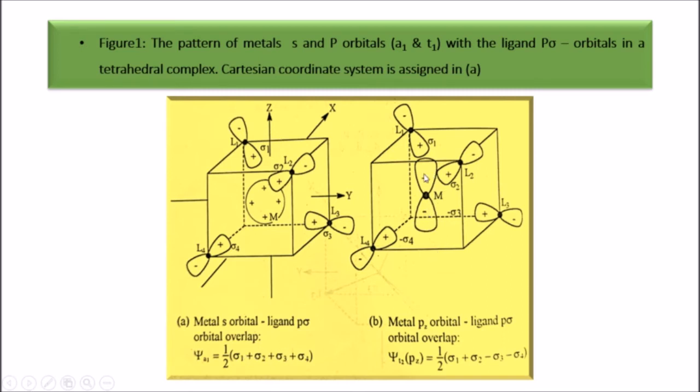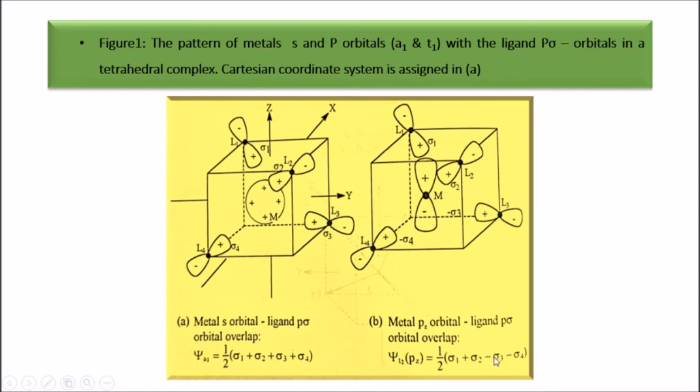While with the pz orbital, you can see that is the z axis, so this is the z orientation. There we can see plus plus, that means ligand 1 and ligand 2 have positive interaction, so a plus plus sign would be there. And here you can see that the minus lobes will interact with the minus of L4, and the minus lobe will interact with the minus of L3, and that is minus minus.